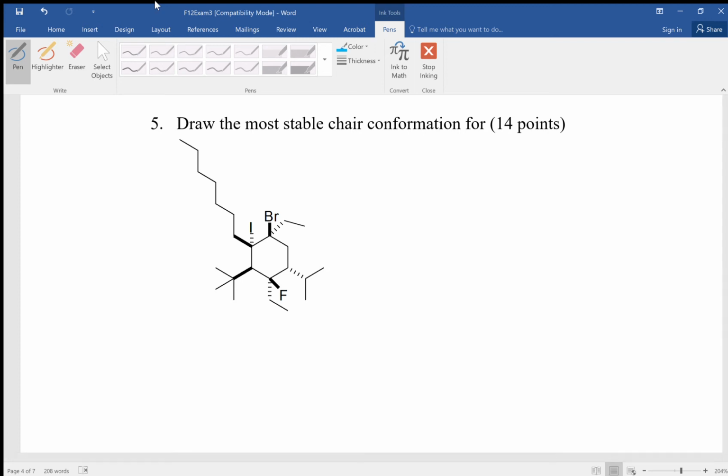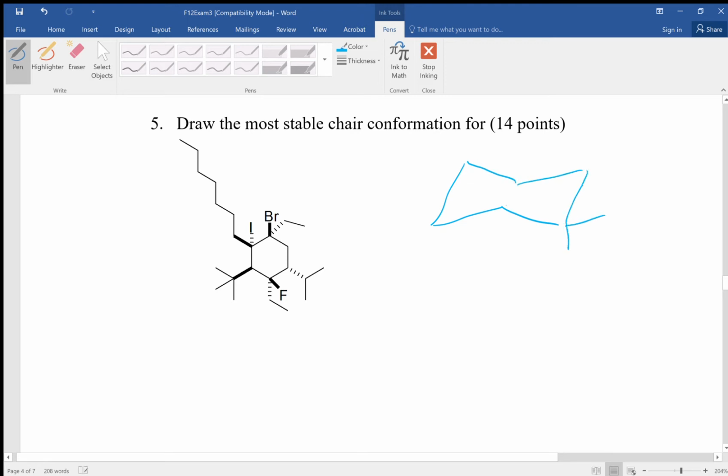So as we move to question 5 and we're attempting to draw a chair conformation, remember that with questions like this, there's two goals that we're trying to achieve. One is to get as many substituents as possible into equatorial conformations.